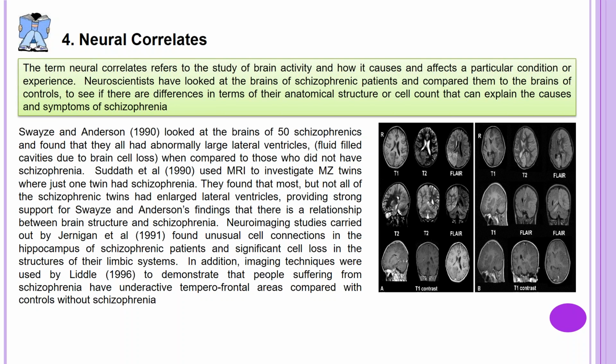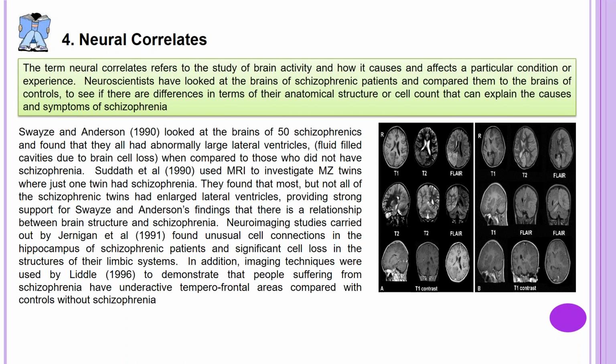Sudath in 1990 used MRI to investigate MZ twins, where just one twin had schizophrenia. They found that most, but not all, of the schizophrenic twins had enlarged lateral ventricles, providing strong evidence in support of Schwarze and Anderson's findings that there is a relationship between brain structure and schizophrenia.